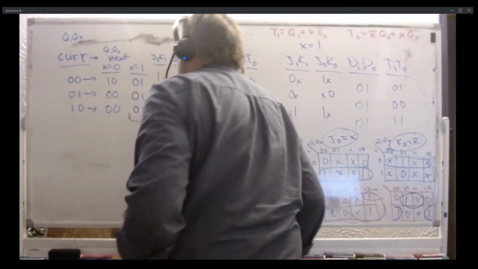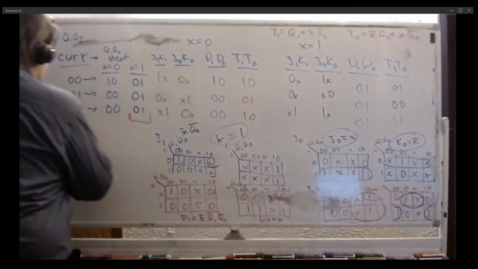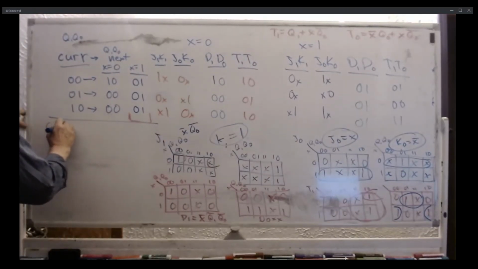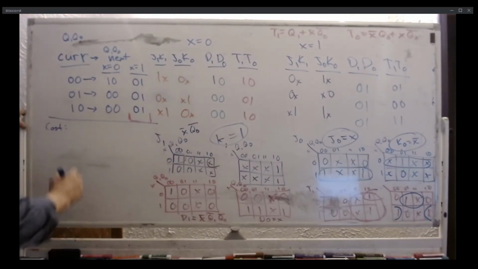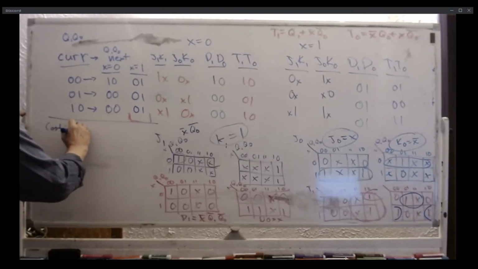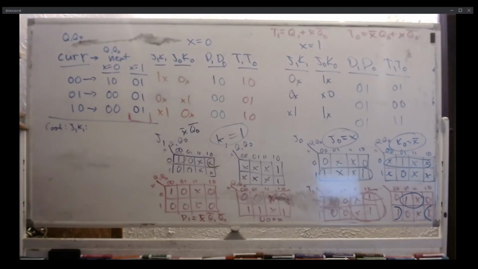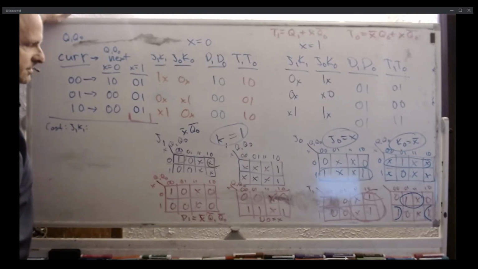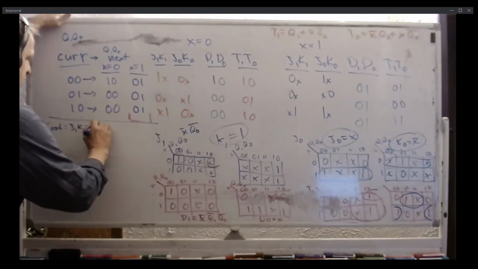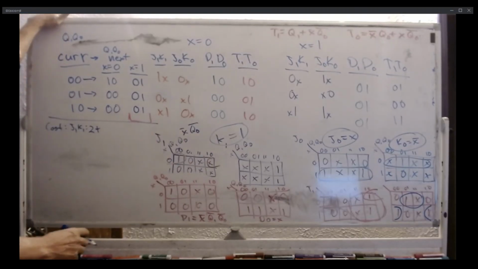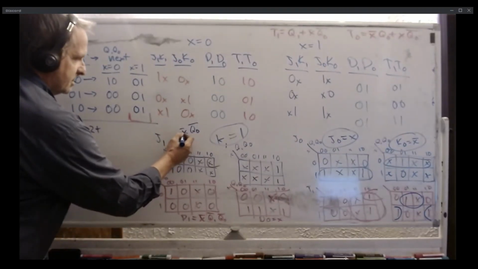So guys, let's take a look at cost. If we have a JK for flip-flop 1, what's the cost? Well, it's 2 plus, because there are 2 inputs, plus the number of literals.